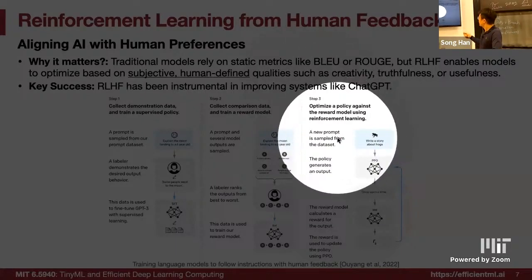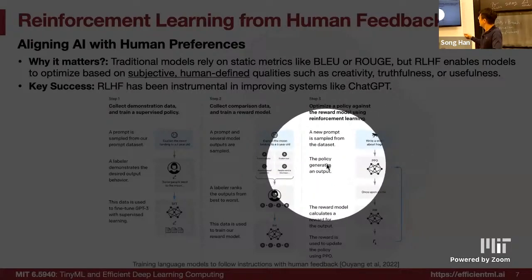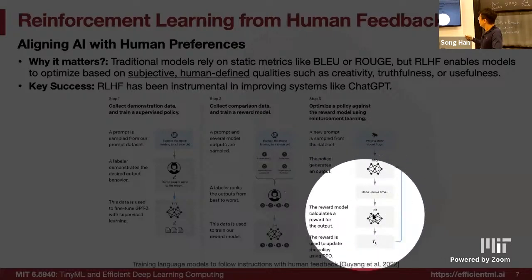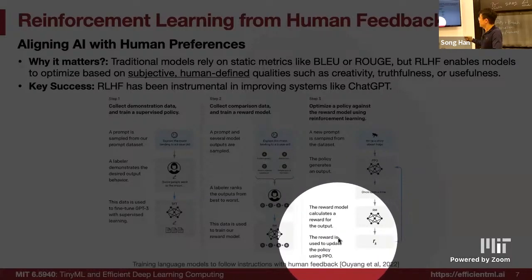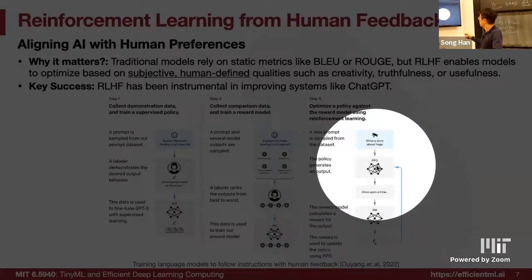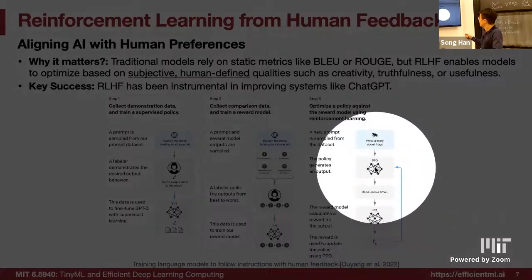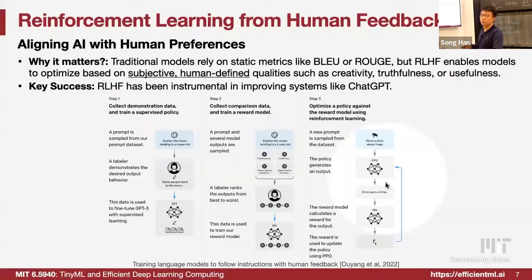A new prompt, a story about frogs, is sampled from the data set, and then the policy generates an output, and the reward model calculates a reward for this output. We try to maximize the reward. The reward is used to update the policy using PPO. Given the reward, we update the language model to generate a new response and close this loop, making the model get better and better with the help of the reward model.